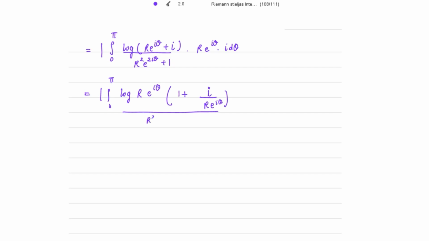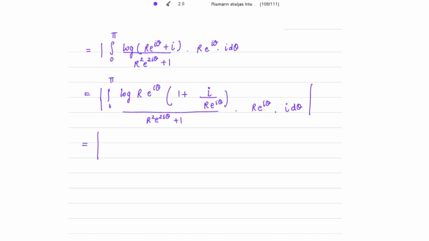Over the denominator as it is, and this is R e to the power iota theta into iota d theta. Fine, the mod is going along with every step.